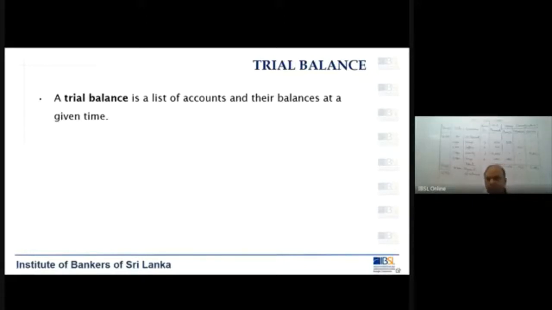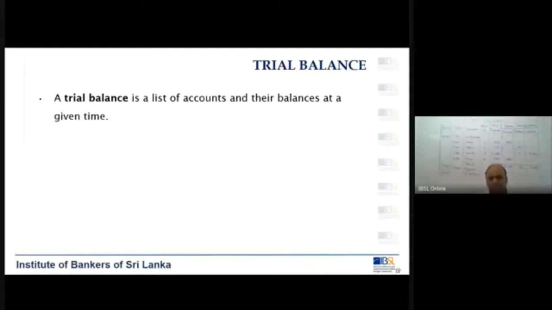But from a business point of view, we can't be doing that. We can't be keeping a track of all these transactions every time to make this trial balance. So what we do is we will extract the trial balance at the end of the business close. Probably when your IT teams run the day-end procedures, they will extract, or the system will generate the list of accounts and their balances for reporting purposes.